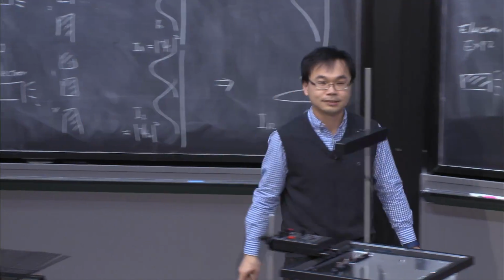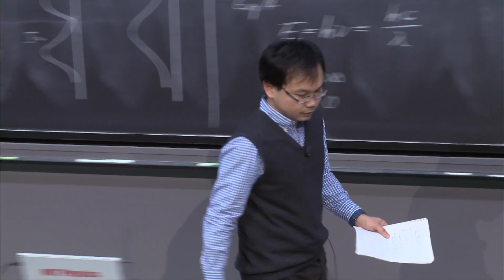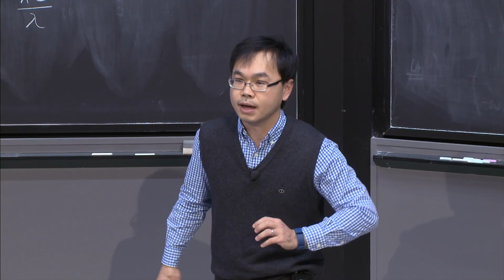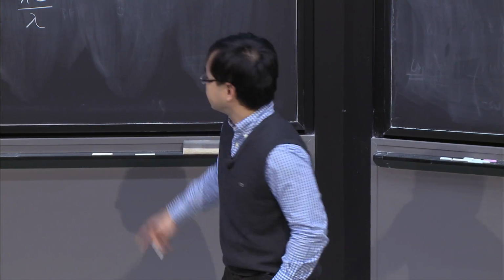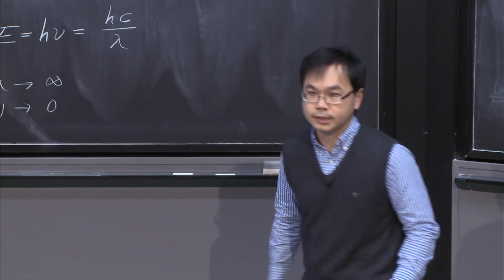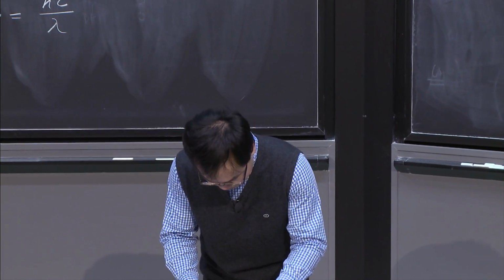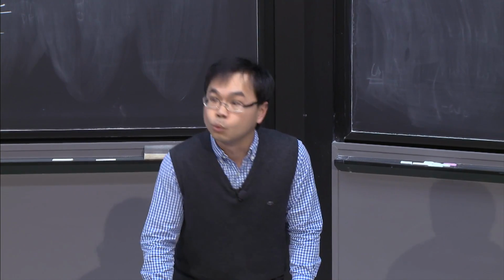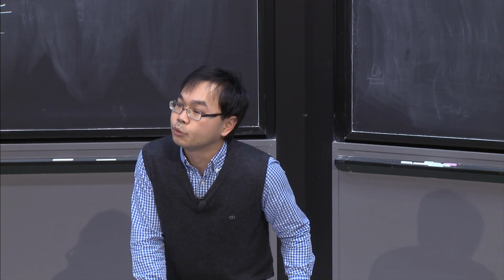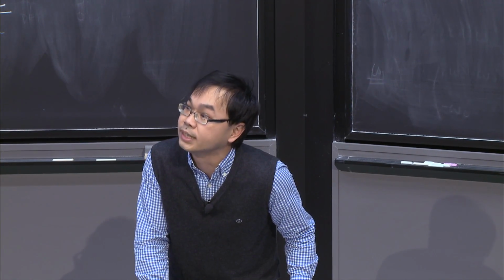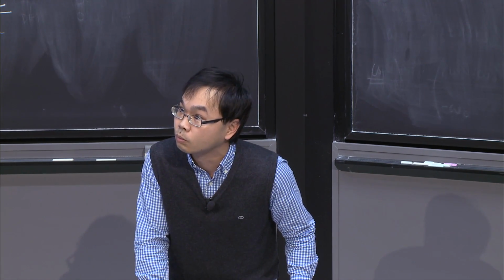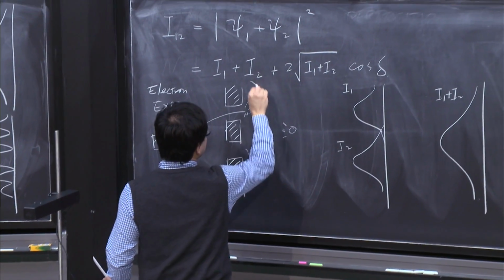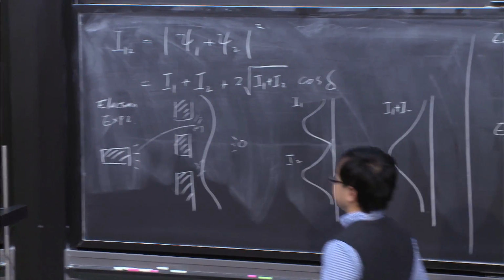Why is that? That is because when the wavelength of the electromagnetic wave or the photon goes to infinity, that means you cannot resolve which slit the electron goes through, right? Because if I draw the wavelength here, it's going to be like this, okay?